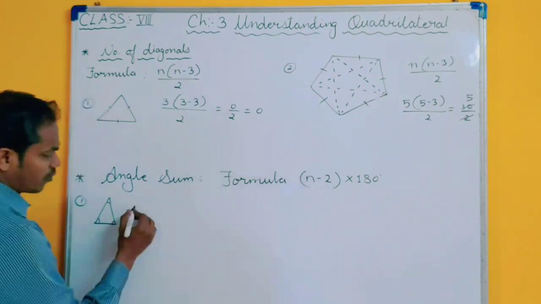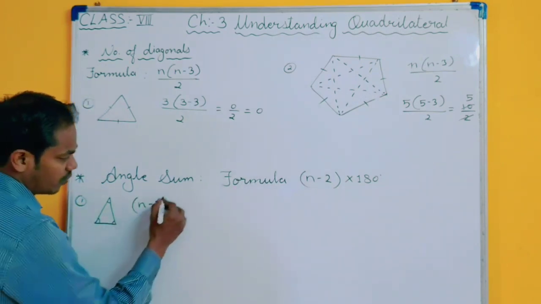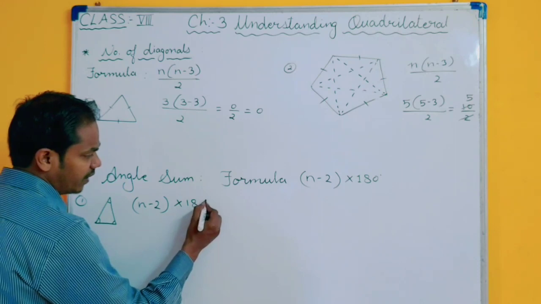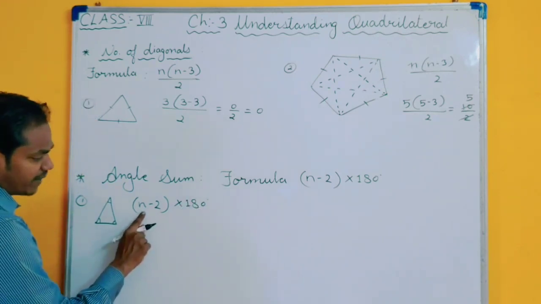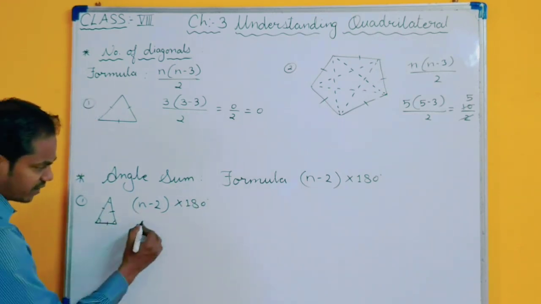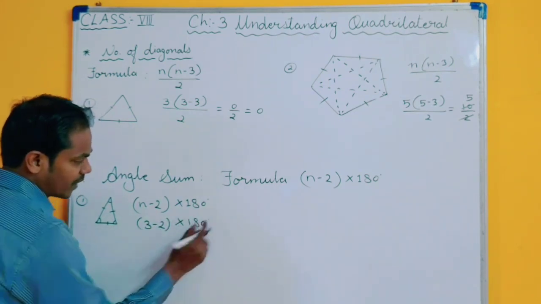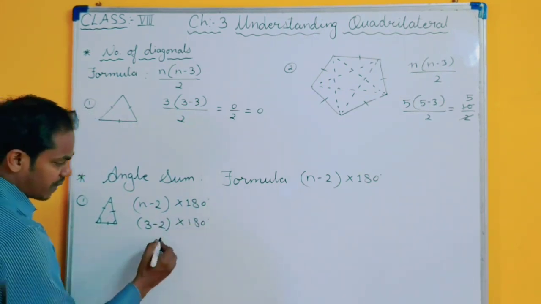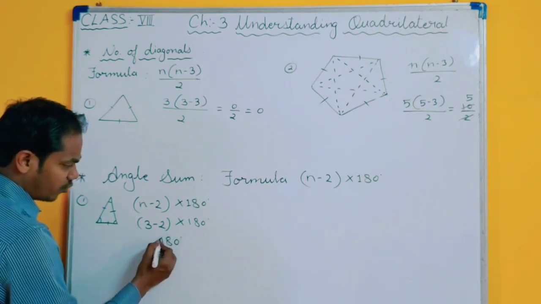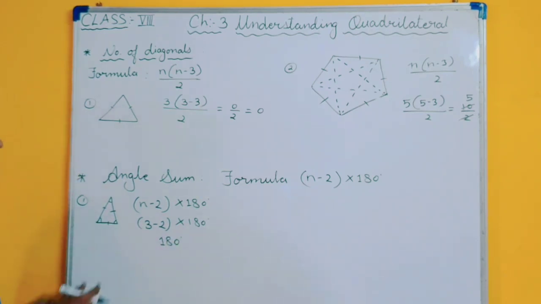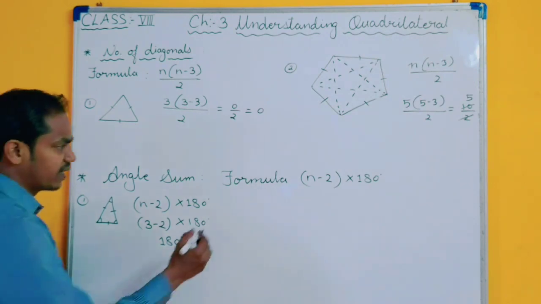Simply you can use this formula, n minus 2 multiplied by 180 degrees, where n means the number of sides. Again triangle, 3 sides are there. 3 minus 2 into 180 degrees. 3 minus 2 is 1. 1 multiplied by 180 is 180. And you all know that the angle sum of a triangle is 180 degrees.